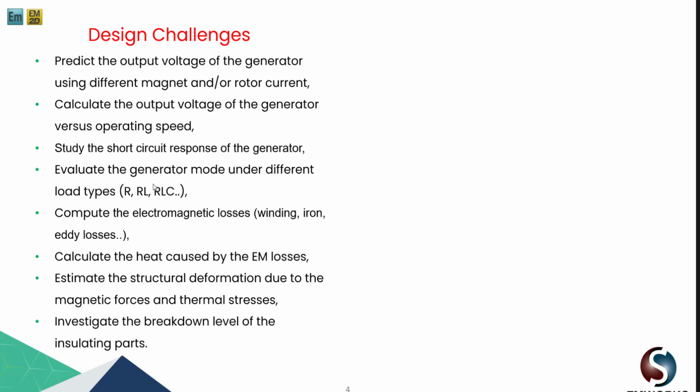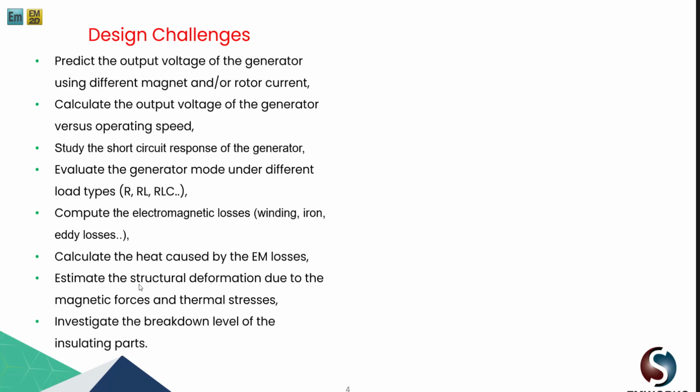Then how to evaluate the generator in different modes. You can have R, RL, RLC, and so on. Losses are very important for generators, so how do you compute winding loss, eddy loss, core loss, and so on. We know losses cause heat, so how to calculate the heat caused by various EM losses.